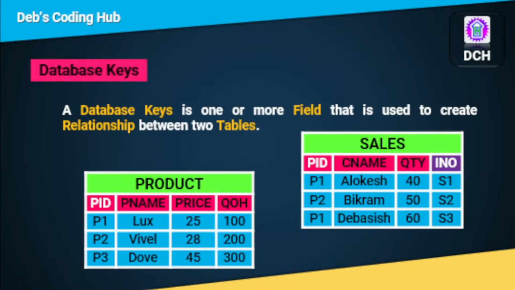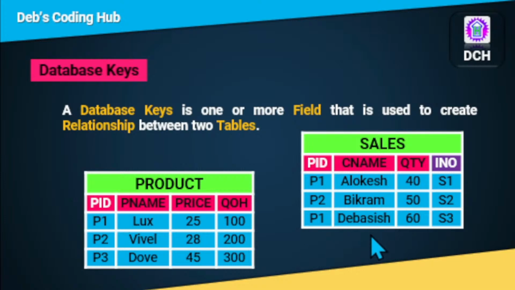Similarly, when I sell a product, I need not write all the details of the product, because I have the product ID here in the sales table. So by linking this product ID from the product table to the sales table, I can easily fetch the name of the product and the price of the product, and also I can see the quantity on hand for that product. So there is no need for storing the product name and price in the sales table.